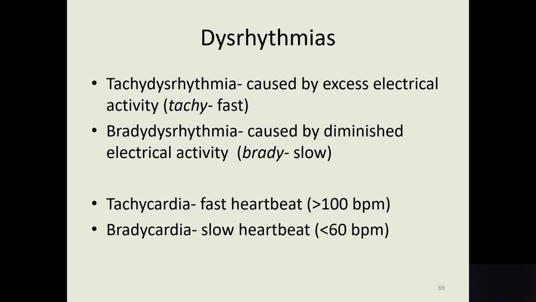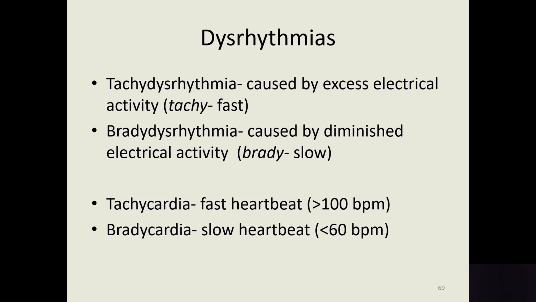So here's an explanation of dysrhythmias. Tachydysrhythmias: tachy means fast, so a tachydysrhythmia is too much electrical activity. It's a fast abnormal rhythm. A bradydysrhythmia is a rhythm that's too slow. If you use these terms, tachycardia is usually a fast heartbeat above 100 beats per minute. Bradycardia is a slow heartbeat, usually less than 60 beats per minute.